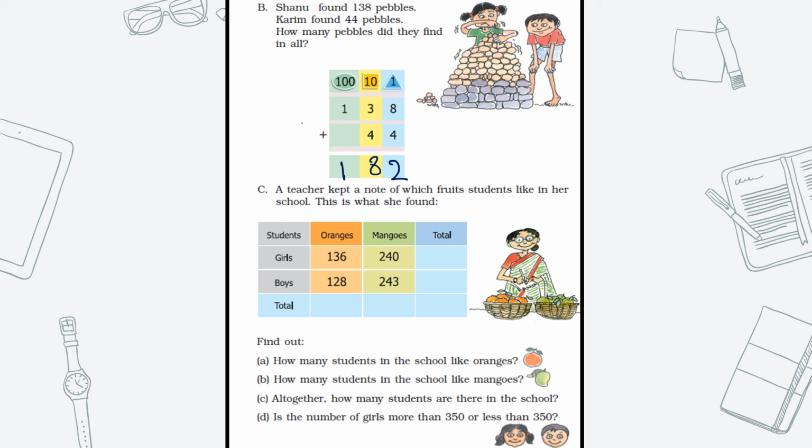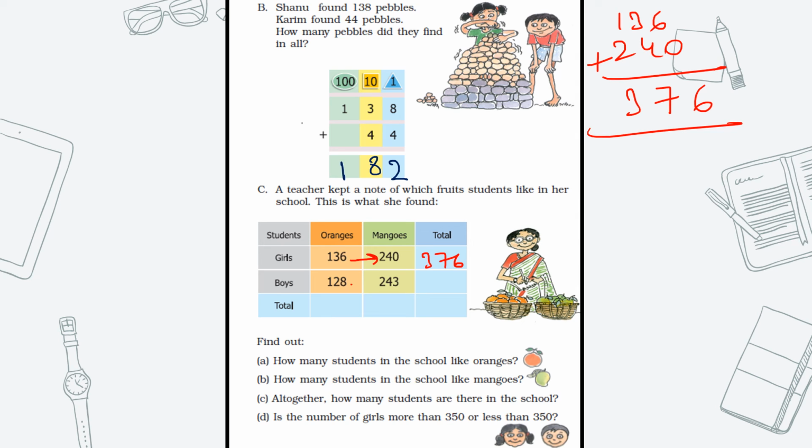Now, here, there are some girls and boys who like oranges and mangoes, and we just have to do the total. To get the total of girls, we will add these two. So, we will have 136 and 240, 376. Okay. To get the total boys, we have these two numbers. 371.